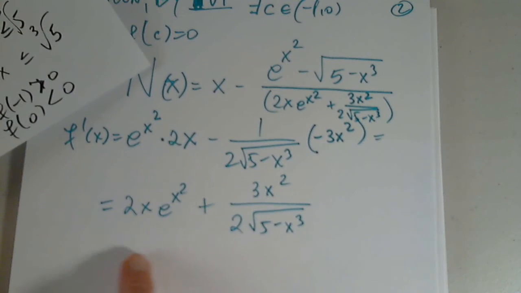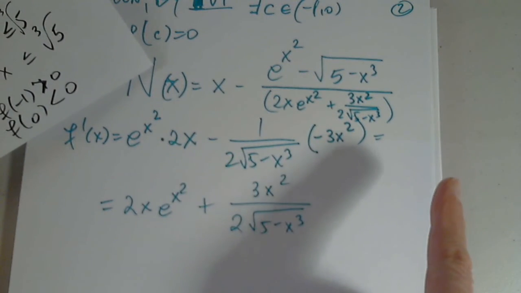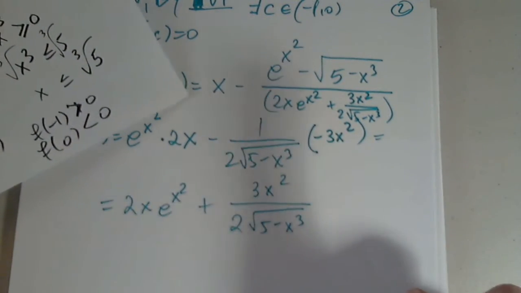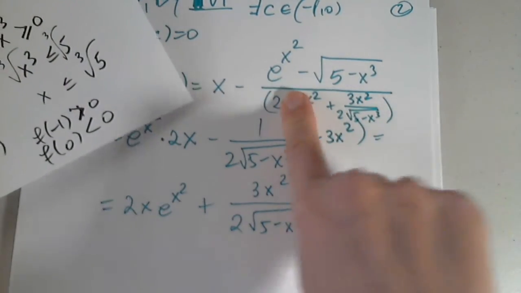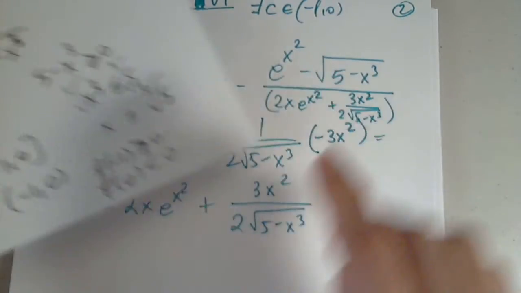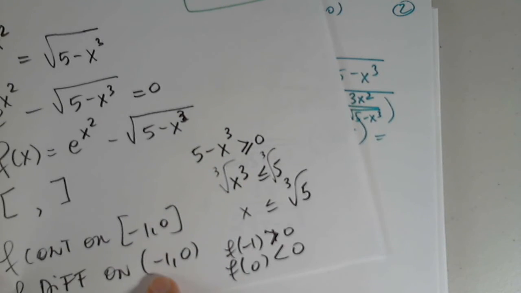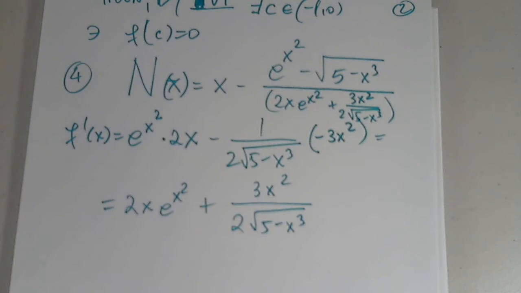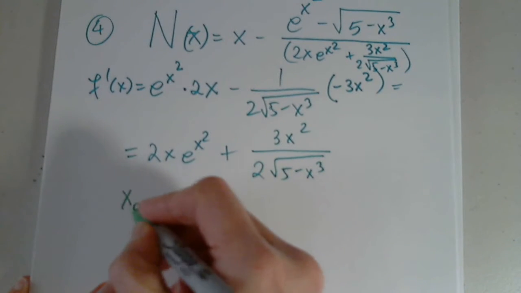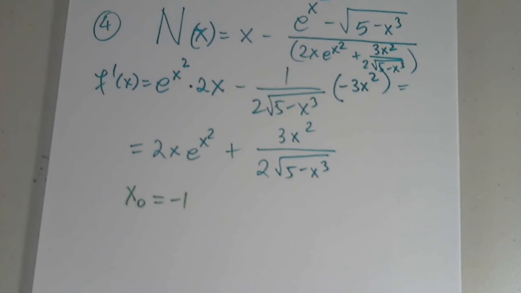Can I start with 0? No. Careful. I cannot start with 0. This is 0, this is 0, and this will be 0. I have to start with negative 1. We do not have two choices here. We only have one. So x sub 0 must be negative 1.